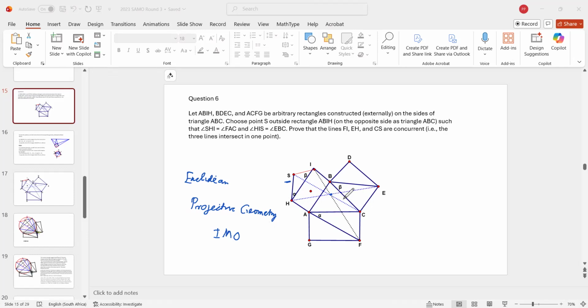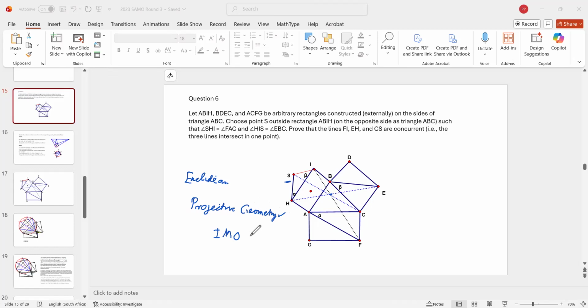So in projective geometry, this business of concurrency of lines and also collinearity of points. In other words, 3 points lying on the same line, those points are called collinear. And if 3 lines intersect at the same point, then they are called concurrent. So these kind of concepts are very important in projective geometry.